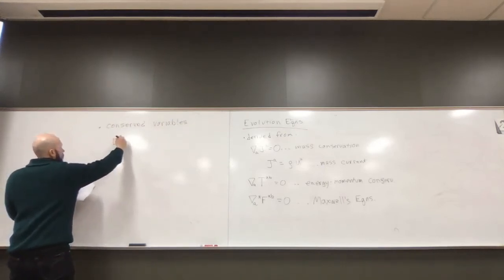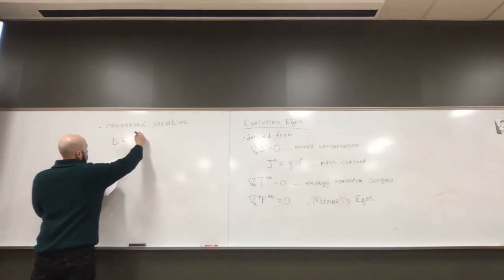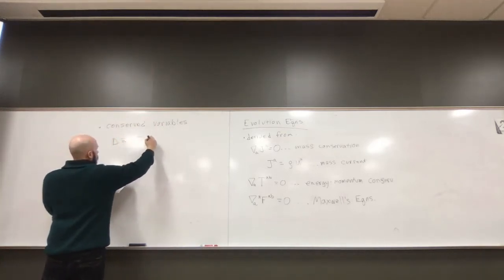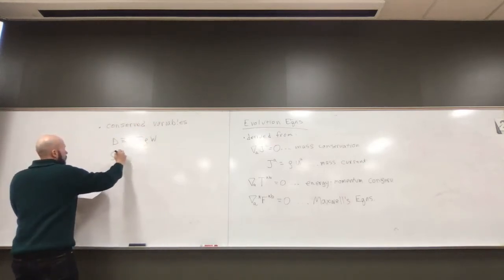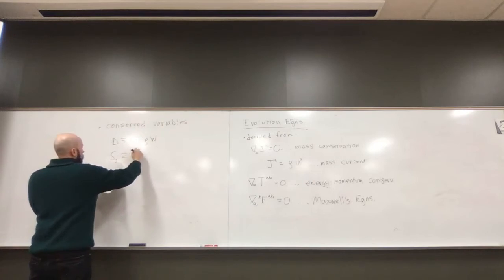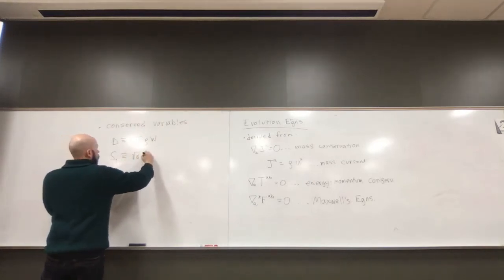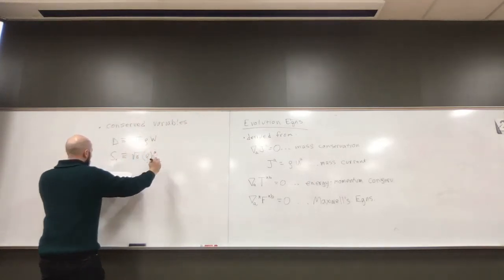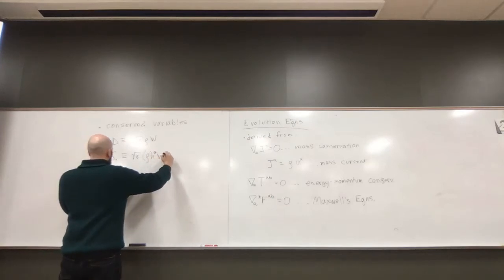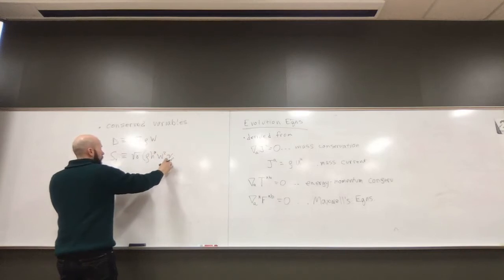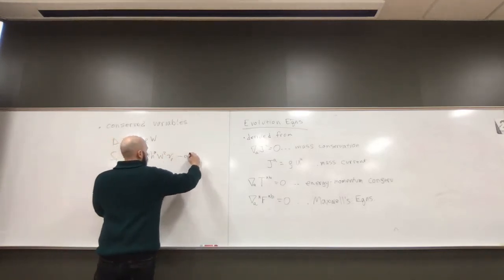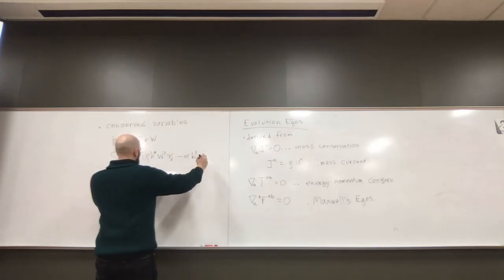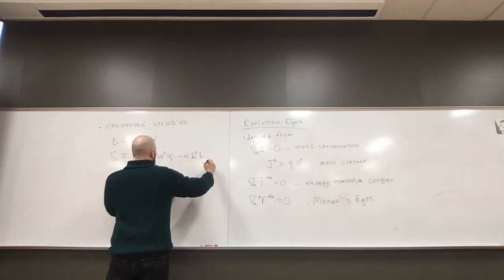So we're going to have D, which is square root gamma rho times the Lorentz factor. We're going to have the momentum vector, which is square root gamma rho times now our generalized enthalpy, W squared, the spatial 3-velocity V_j, minus alpha B^t, the time component of our magnetic field, B_j.